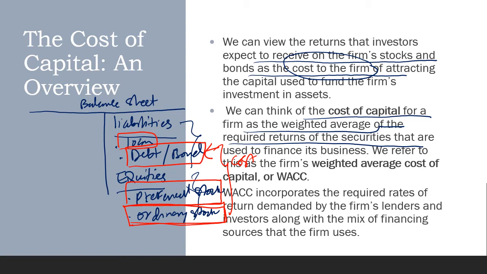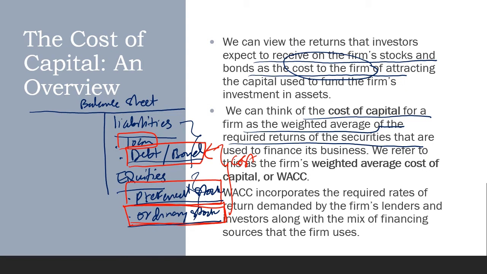As I mentioned before, the return for these different classifications of assets will determine the cost of capital. For debt, the cost is the coupon rate. Here is the dividend cost. Here is also using the dividends and the increase in the company's stock price.